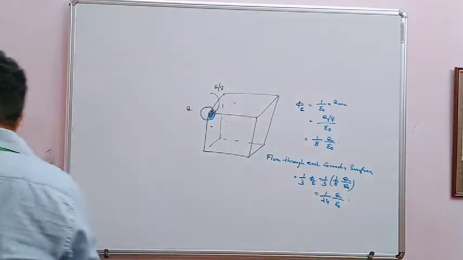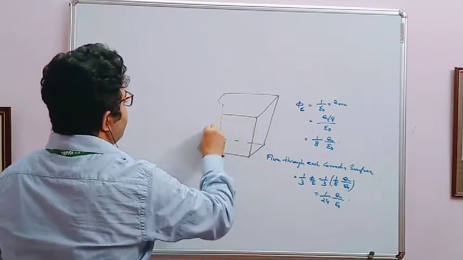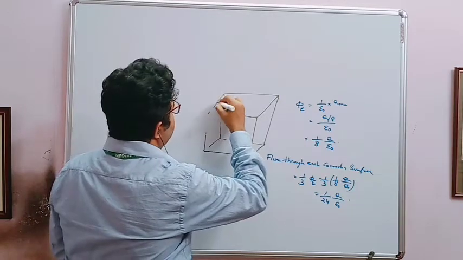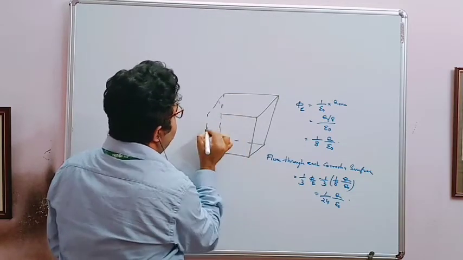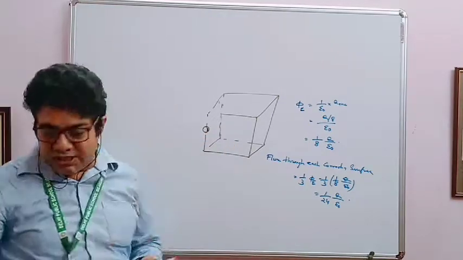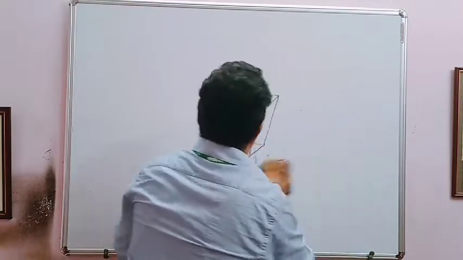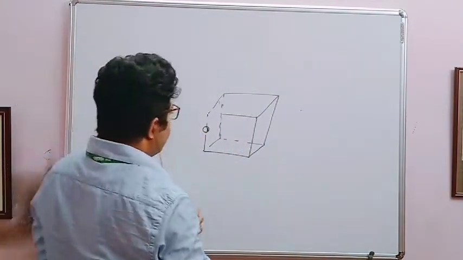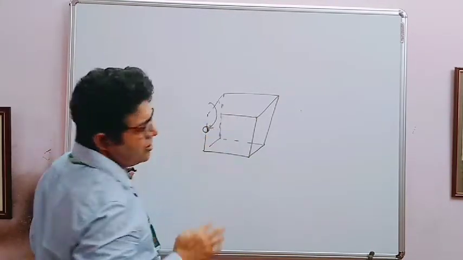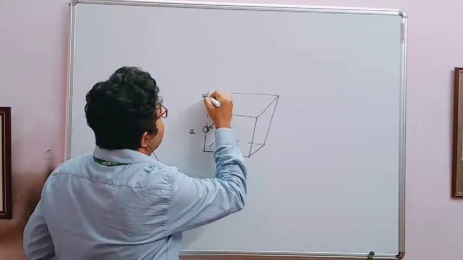Now they ask you one more type of question. They can put the charged particle at the edge. So if they put the charge at the edge, then from again solid structure, you know that the contribution is Q by 4.